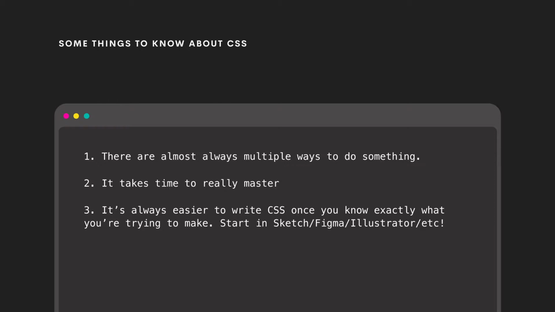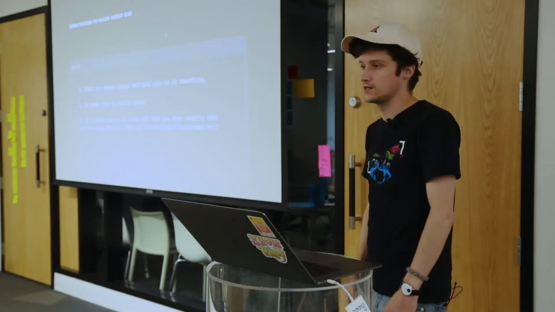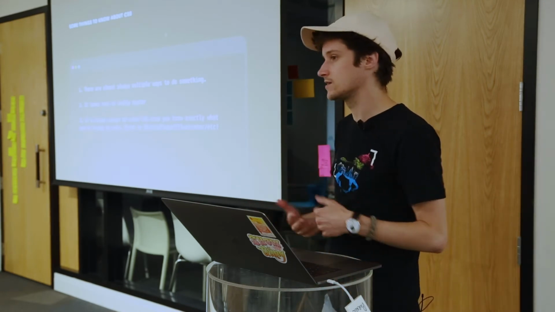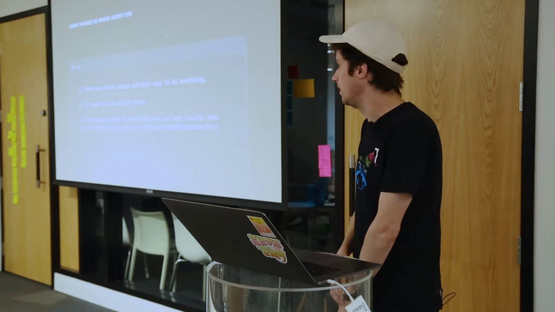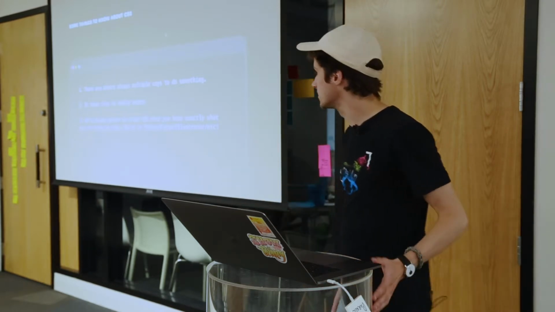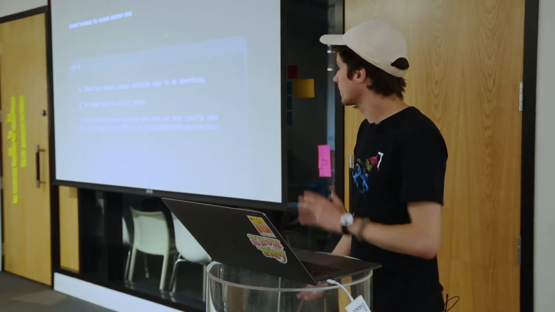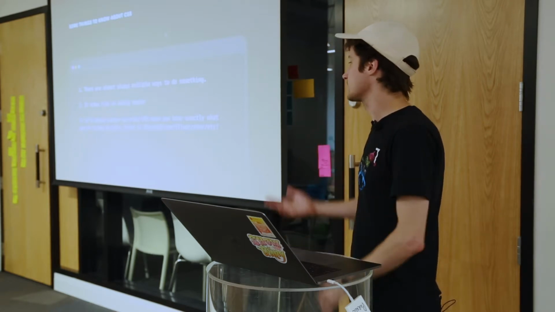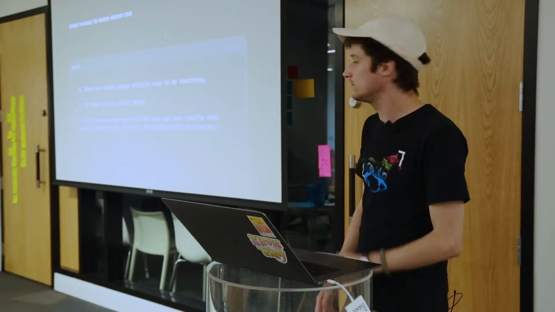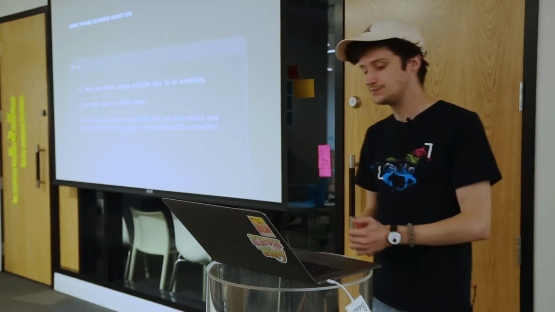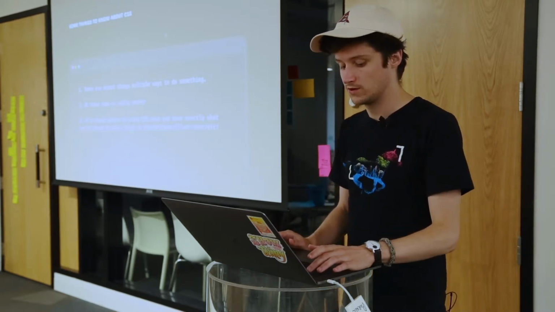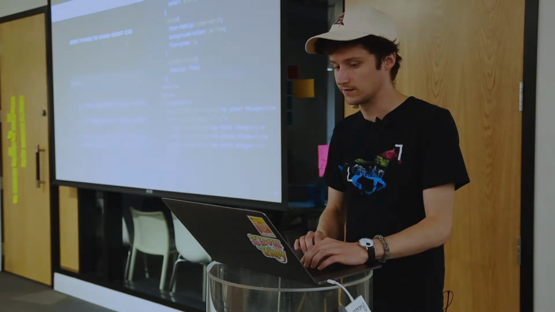And if you just do it, you'll start learning more. It's not a hard thing to just start doing if it's something that you're excited about, and you'll start getting your head around it more and more as you do it, and start building up an intuition for different ways to do it. And then that last one we were just talking about, that it's always easier to write CSS if you know exactly what you're trying to code. So it's much more of a tool for making something than designing something.